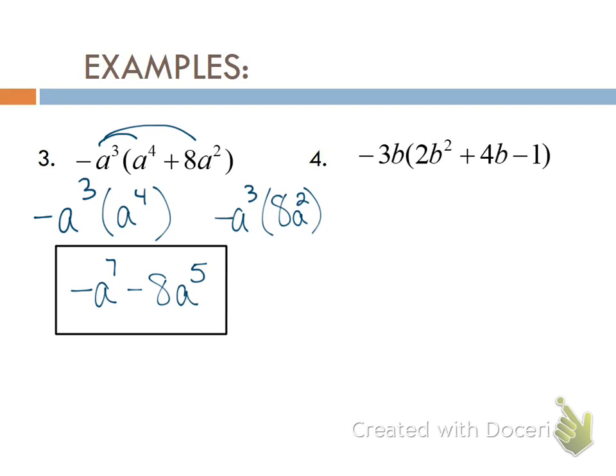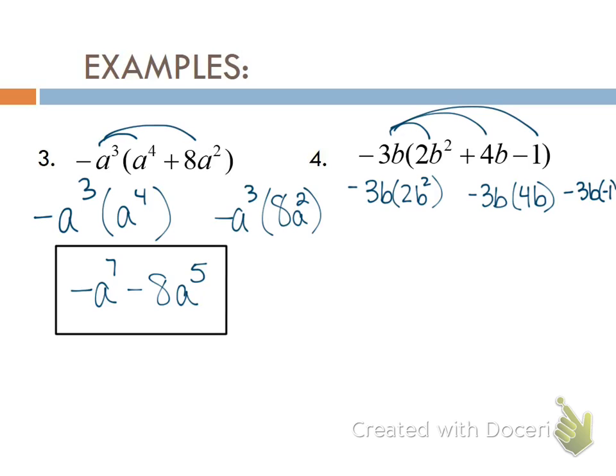On number 4, the only real difference here is that now we have to distribute to how many terms? 3. So we're distributing to all the terms in the parentheses. So negative 3b times 2b squared, negative 3b times positive 4b, and negative 3b times negative 1.